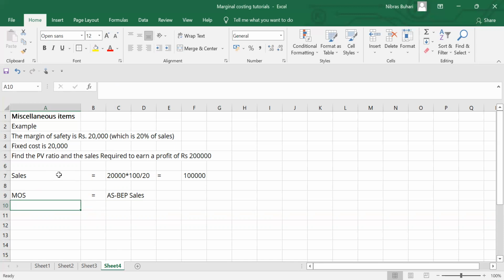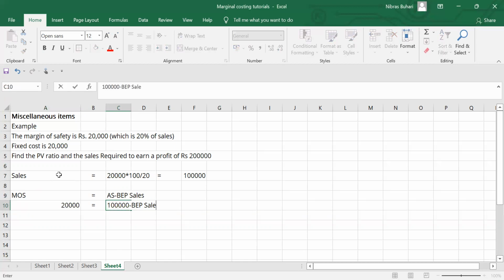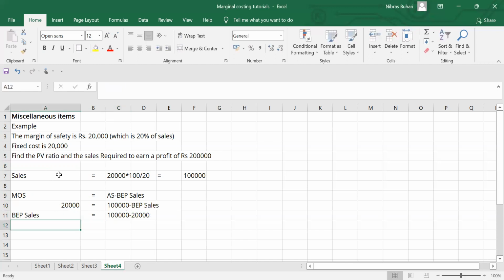That is because margin of safety is 20,000, which is equal to actual sales, which is 1 lakh, minus BEP sales, which we don't know. So BEP sales can be pushed over to the other side, and 20,000 can be pushed over to the right hand side. So 1 lakh minus 20,000. As a result, your BEP sales is 80,000.